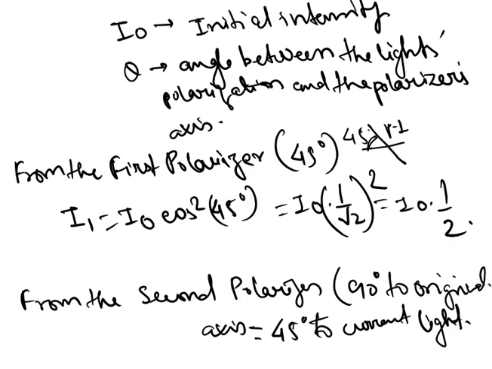So the light is polarized at 45 degree and second polarizer is 90 degree to the original, that is also 45 degree to the current light direction.